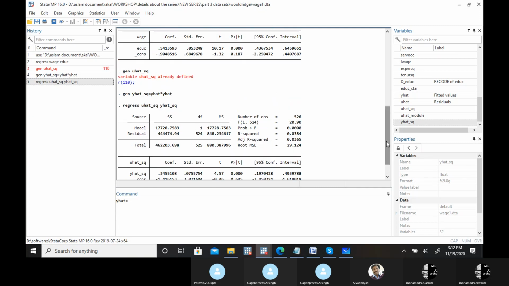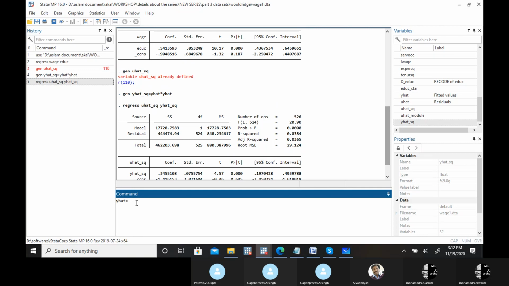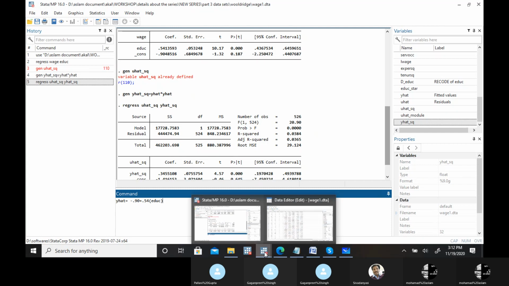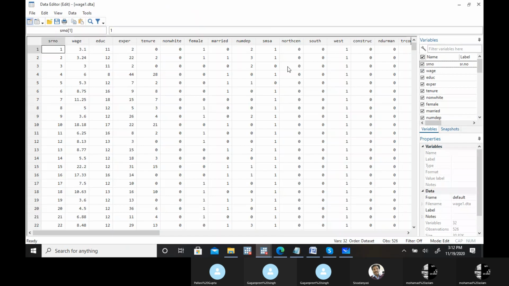Like here we have the constant, that was minus 0.90, then the positive education coefficient, that's 0.54, and then you multiply it with all the X values, which here means the variable education. So if you multiply this for all the education levels, you will get this Y hat.